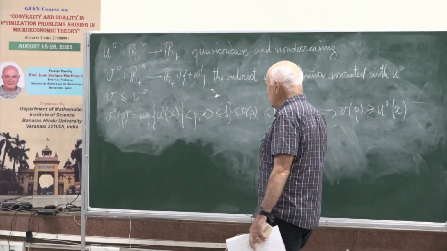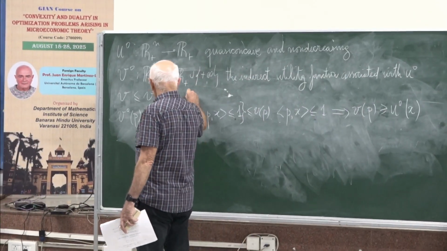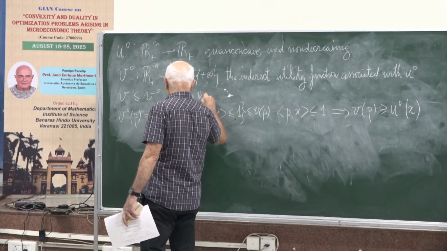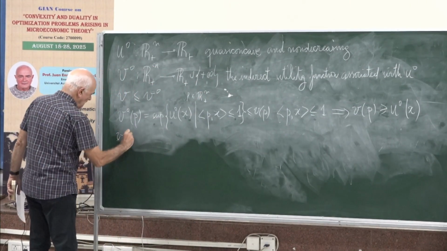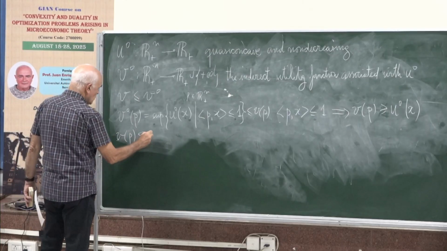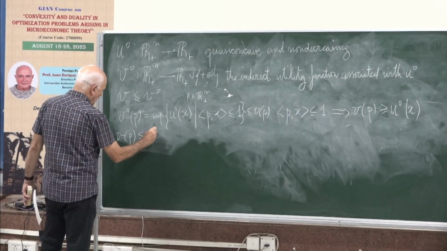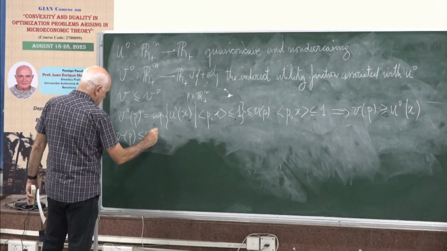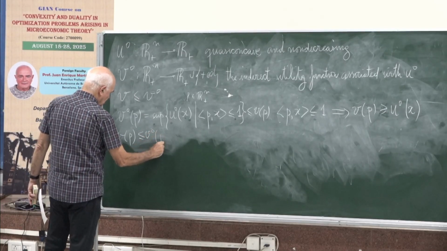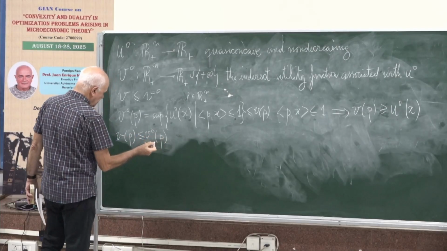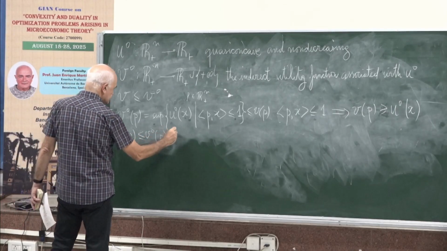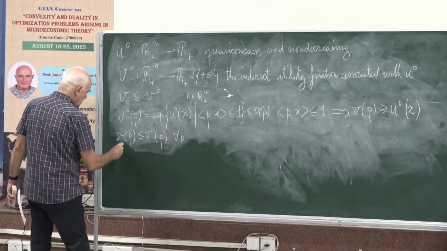So for every P, we have seen that V of P is less than or equal to V naught of P for every P. So we have equality.